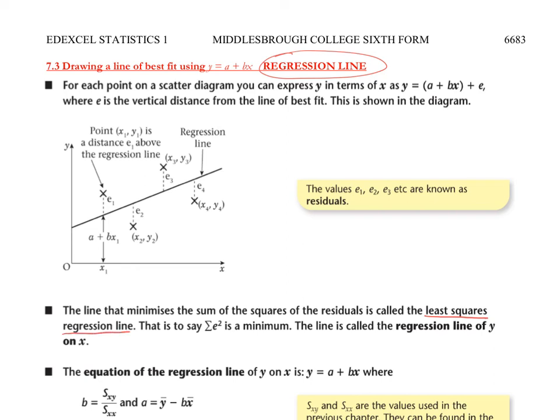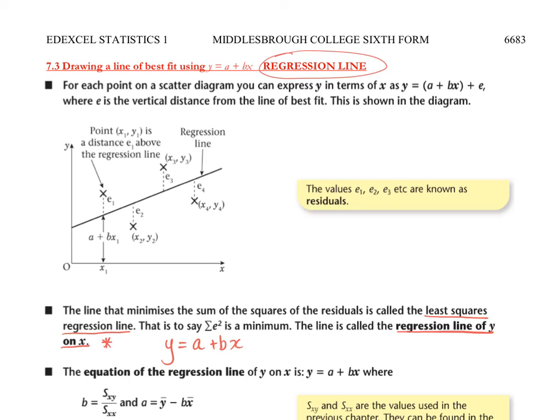So what we try to do is get the distance from the line as small as possible, and that's called the regression line of y on x. That's really important, that statement. The regression line of y on x would give us y equals a plus bx. If it was x on y, it would be x equals a plus by.